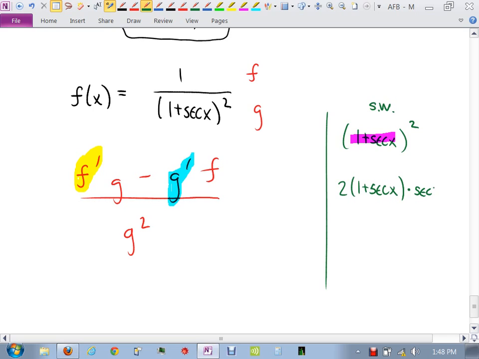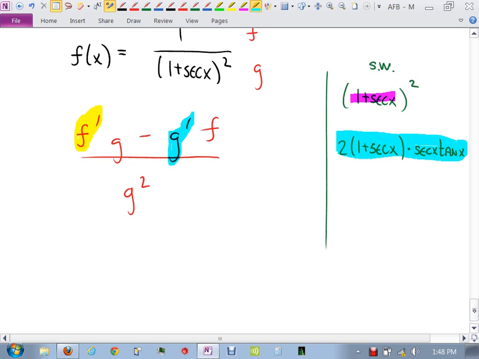Secant x tangent x. Do you all agree with that? That's just my little g prime. That's just g prime right there. Questions, because I'm going to finish this one off.